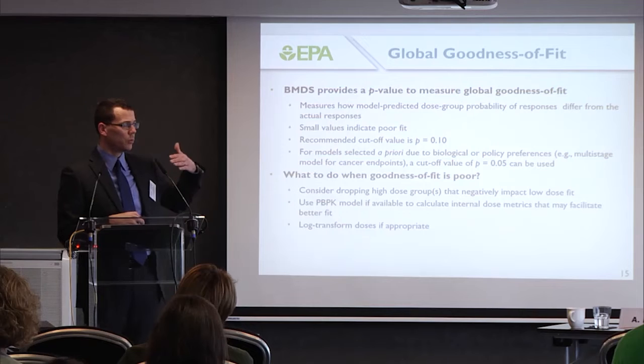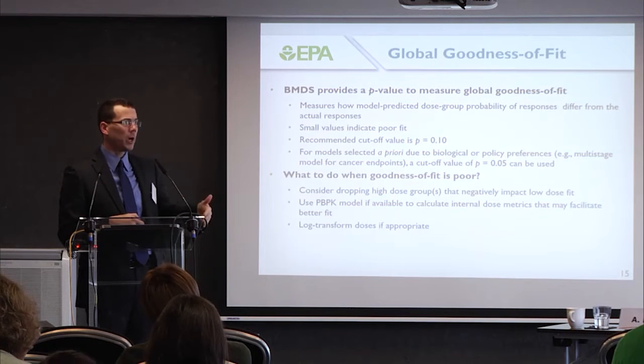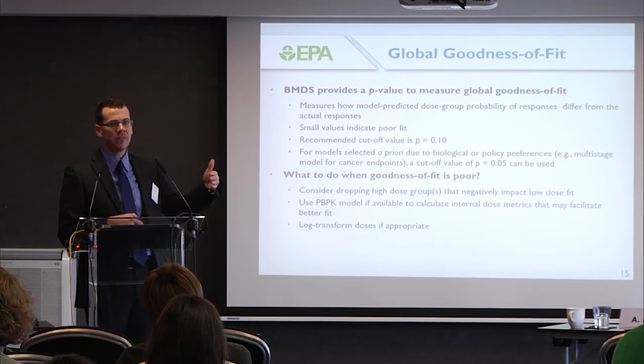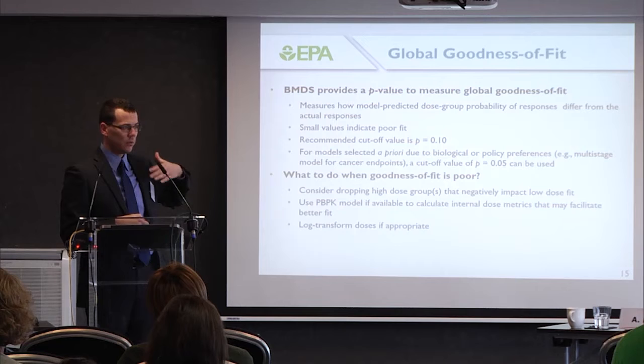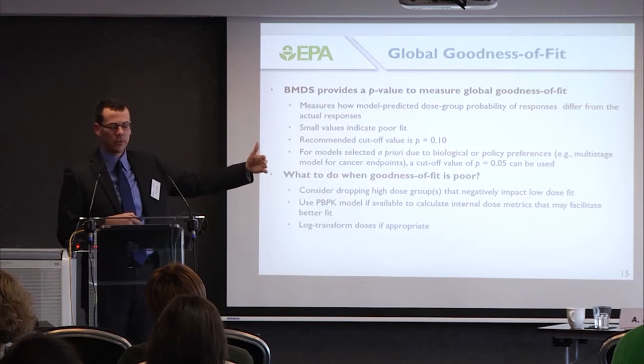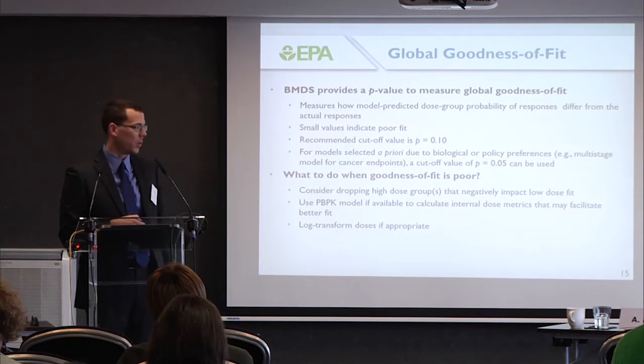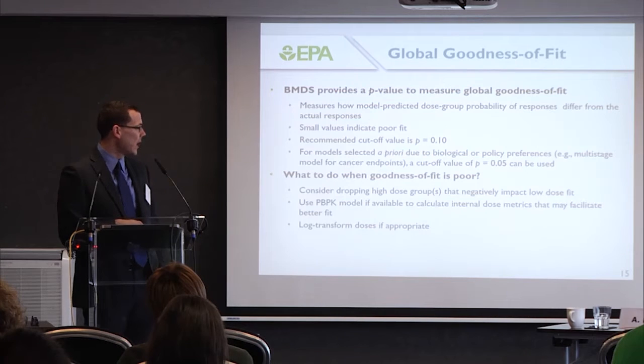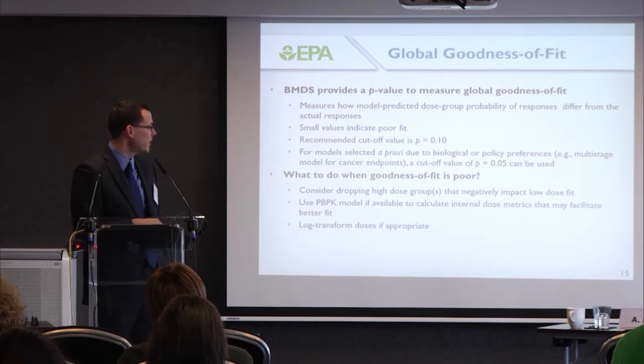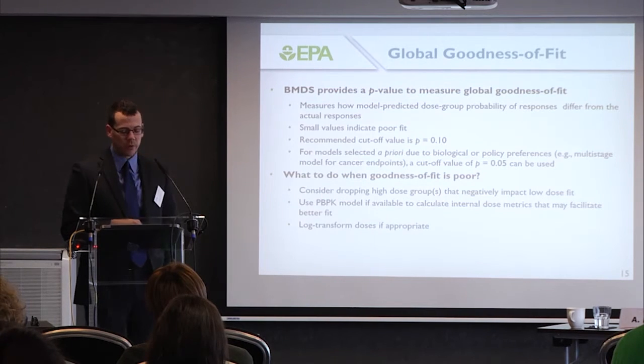And so this is a true cut point. So any model that has a p-value less than 0.1, you don't consider anymore. You kind of throw it in the trash bin and you only move forward the models that have a p-value greater than 0.1. If you have poor goodness of fit, there are a number of ways to address this.